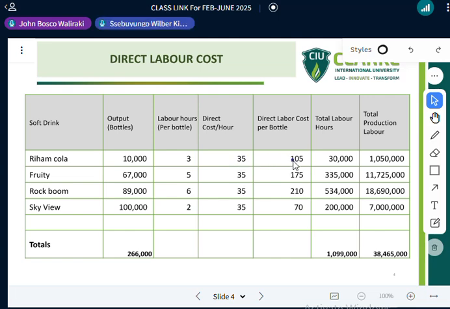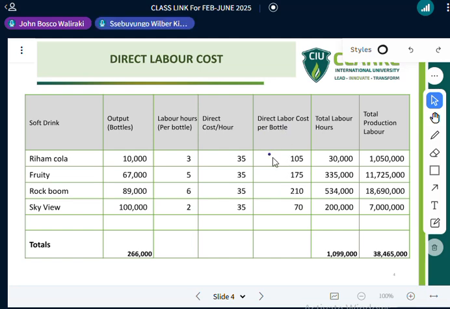I think now we get the concept here. We have 3 hours of producing Riham cola, and each hour is 35 shillings, so for the 3 hours we multiply 3 times 35 shillings.